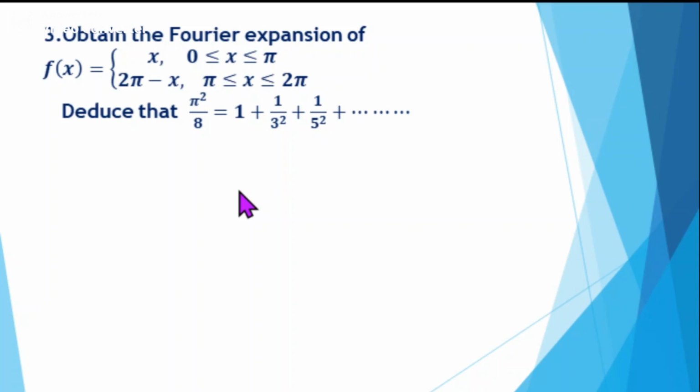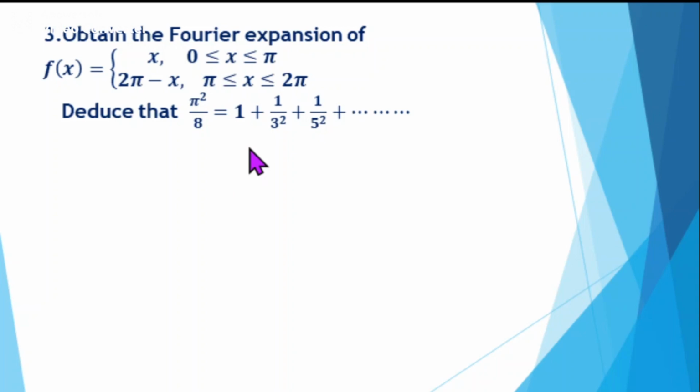And we need to find the Fourier series in the interval 0 to 2 pi. See here, 0 to pi and pi to 2 pi. So function is defined over the interval 0 to 2 pi. We need to find the Fourier series over the interval 0 to 2 pi. And we need to deduce the series pi square by 8 equal to 1 plus 1 by 3 square plus 1 by 5 square plus etc.